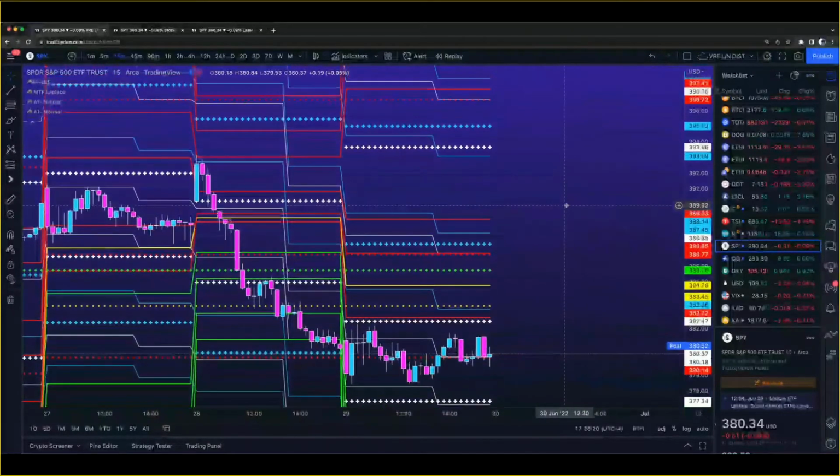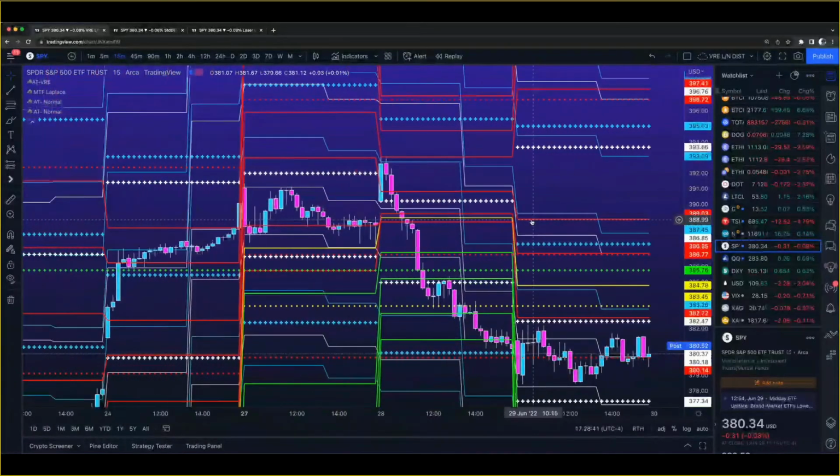I want to see the new 1SD, 2SD. Let's see if we're right here. It's actually going to be, the 1SD will probably be right around the same area. That's what I would be looking for immediately. You know what?